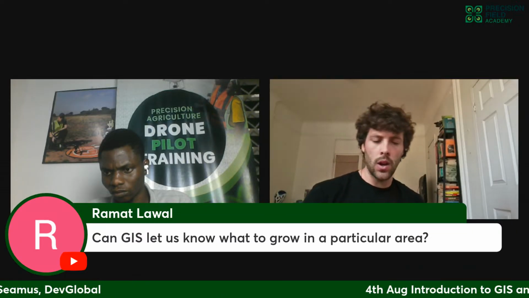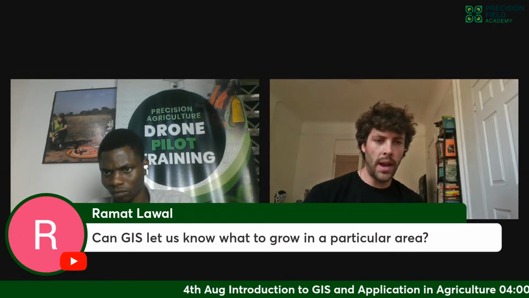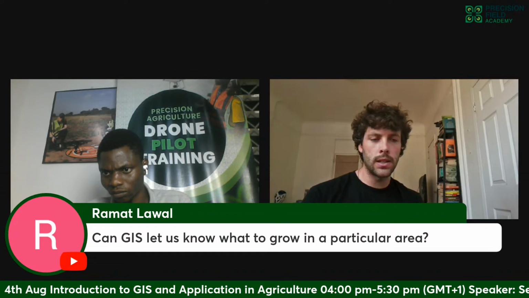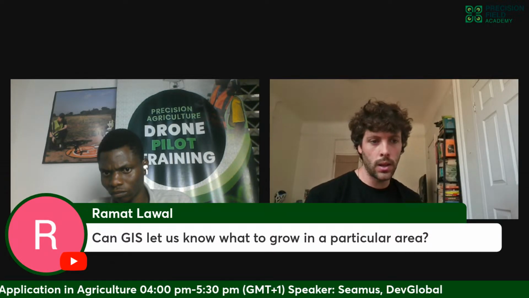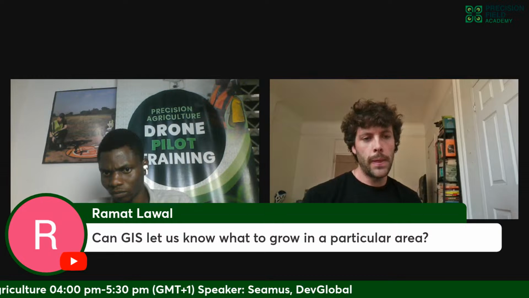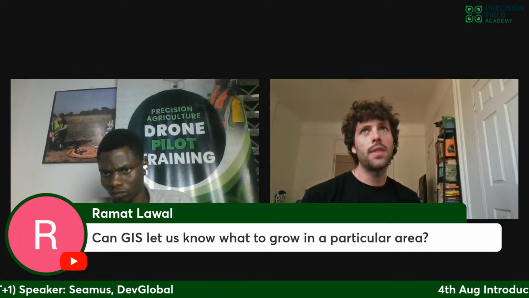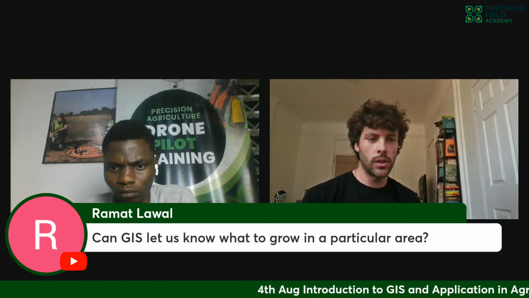So yes and no. I think you still need a good conceptual background and understanding of where you are, the historical context and the climate context, which GIS can help you do. But to understand which crops to grow when, it can just support you with more data to make that decision.